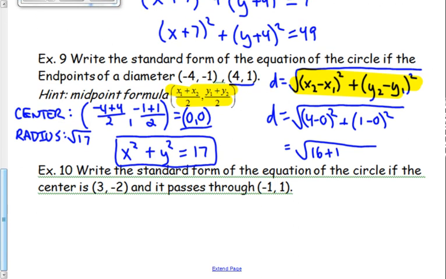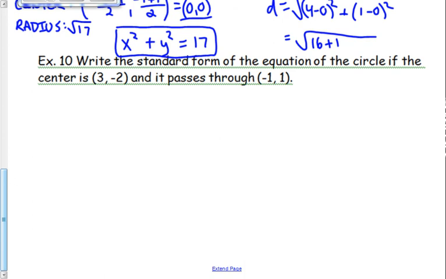All right, last example here. Write the standard form of the equation of the circle if the center is 3, -2, and it passes through -1, 1. One thing we don't know there is, what is the radius? If the center is 3, -2, and it passes through a point, you can just find the distance between those two, and that will tell you what the radius is.